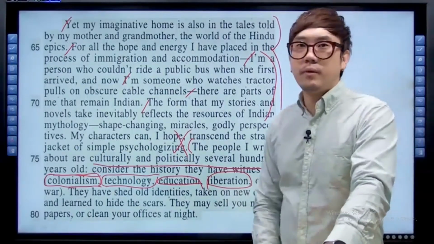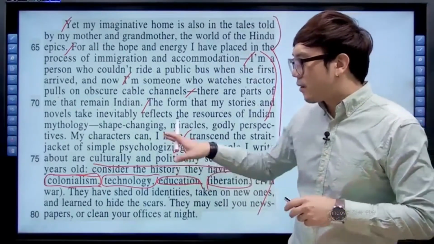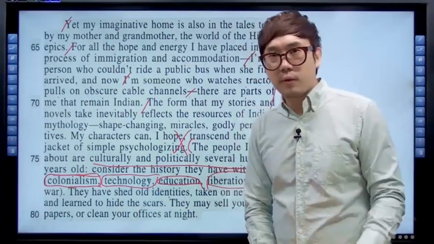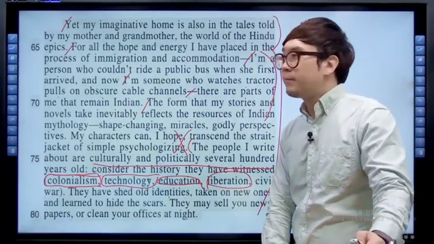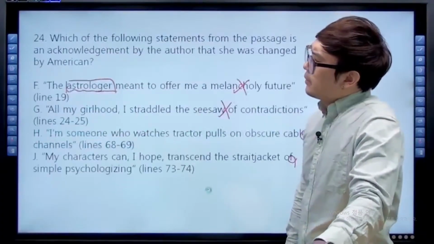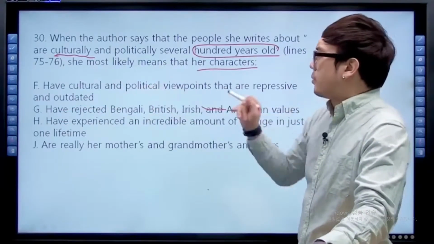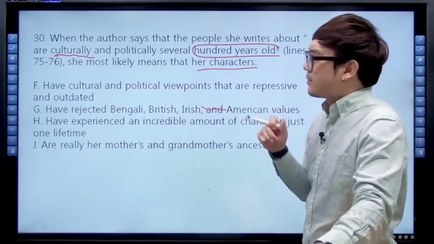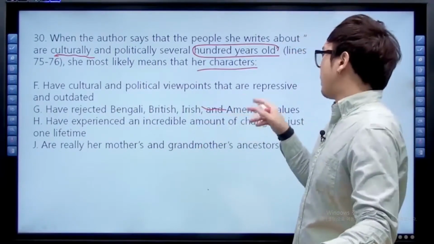Civil war as well, right? So they've seen it all. And that's why she's saying that they are probably hundreds of years old, because they've seen so many changes in one lifetime, right? So, what does it mean? Have cultural and political viewpoints that are repressive and outdated? Or is it they have rejected Bengali, British, Irish, and American values?